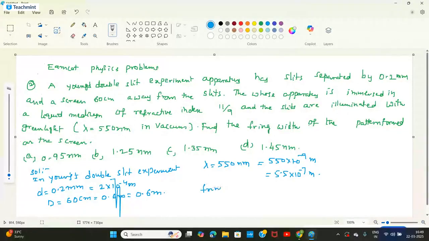Fringe width formula, that is beta is equals to capital D into lambda by small d into mu.